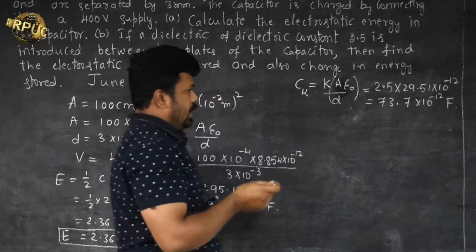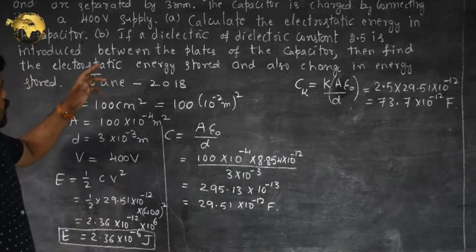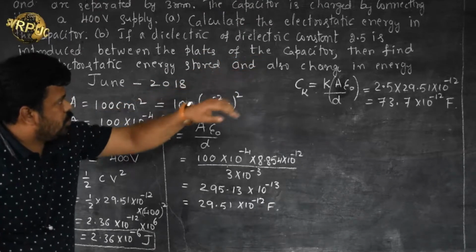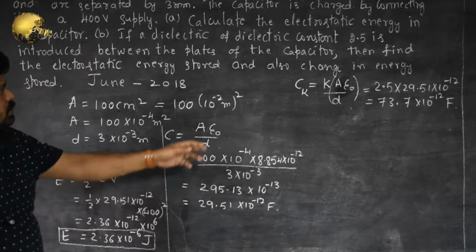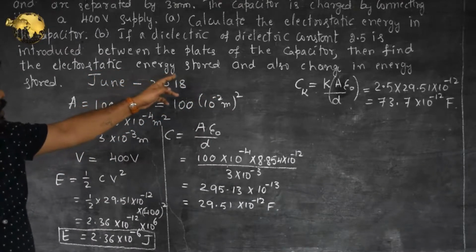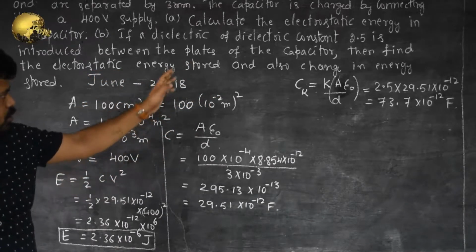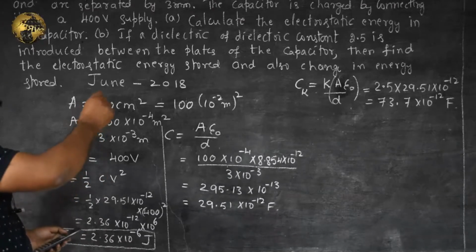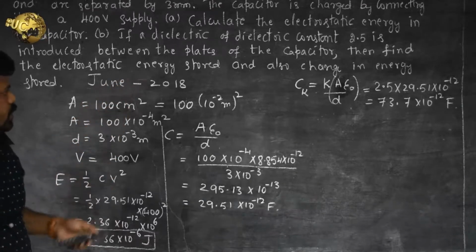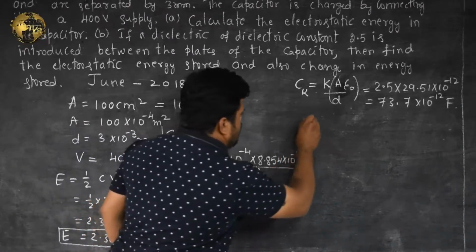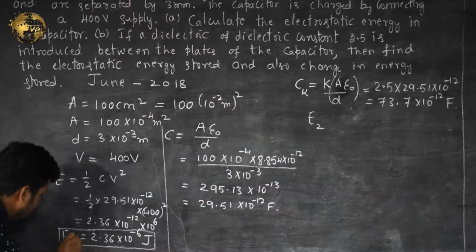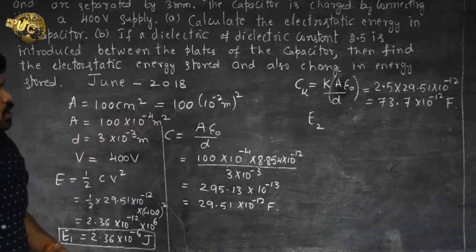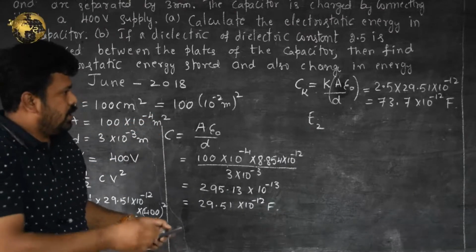So the capacitance has changed. If a dielectric of constant 2.5 is introduced between the plates, the capacitance increases. Then we find the electrostatic energy stored. After finding the capacitance, I call this one E2 and the earlier one E1, because the second time we are finding the energy in a different case.